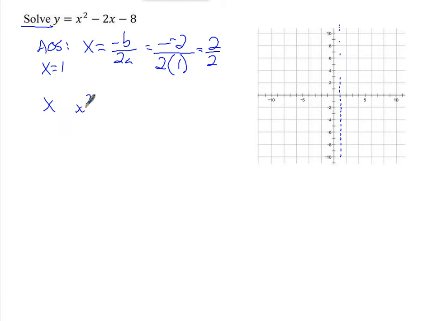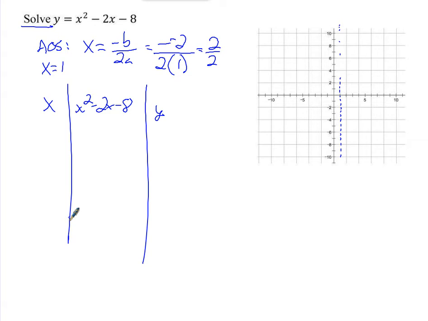X, x squared minus 2x minus 8, and y. And you guys said we got to find the vertex, so I'm definitely plugging 1 in. What else should I do? Choose numbers, one side or the other. Which way do you want to go? The positive direction? Okay. One thing I want to point out to you is the origin is sitting right here, and we know what ordered pair goes there.